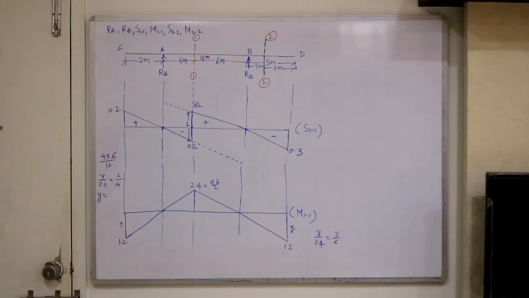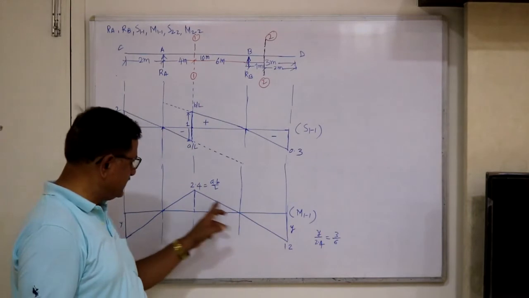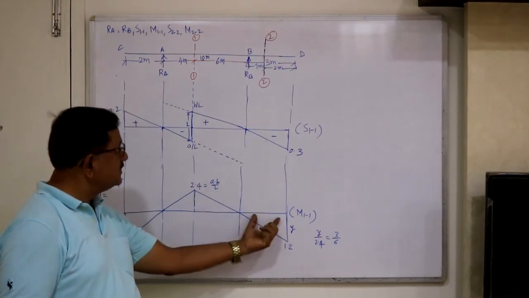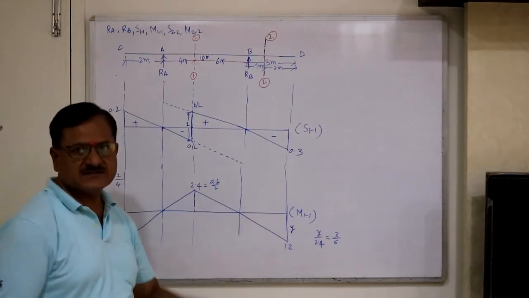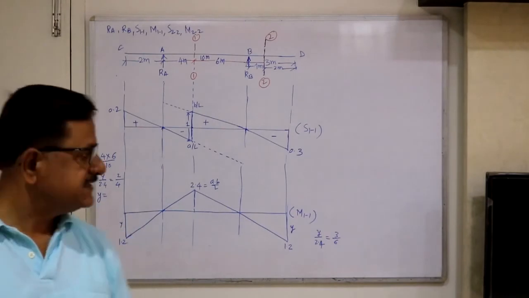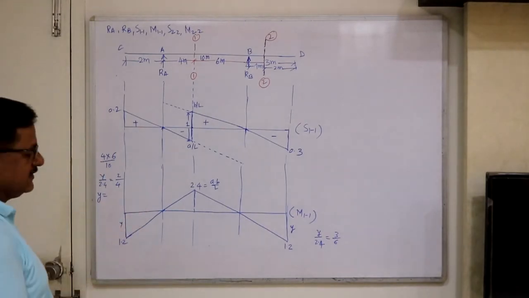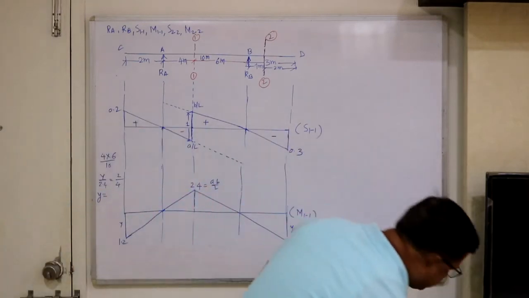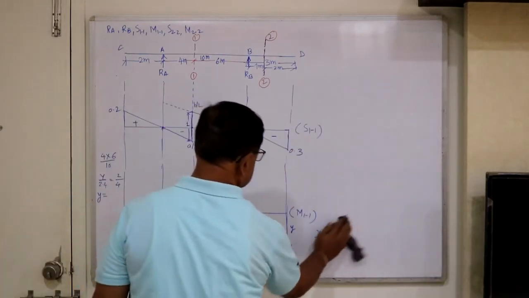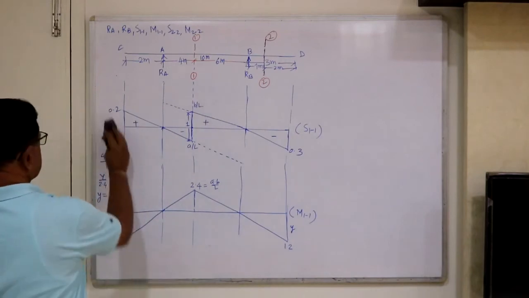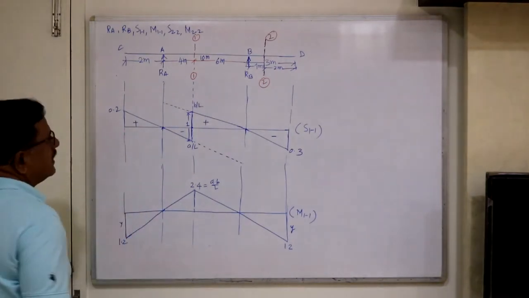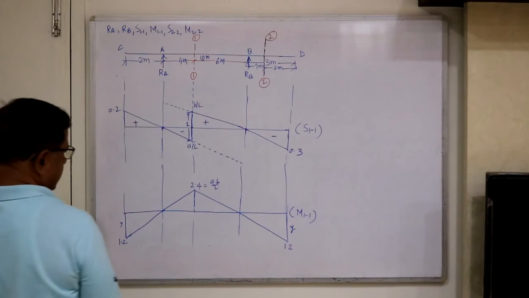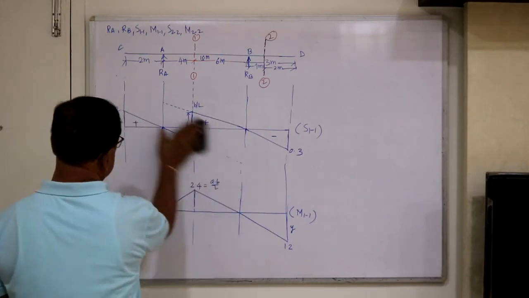So you find out this because this height divided by this height equal to this base divided by this base. So this is ILD for M11. Now plot ILD for M22 and S22.